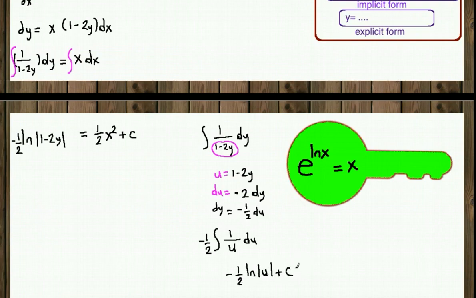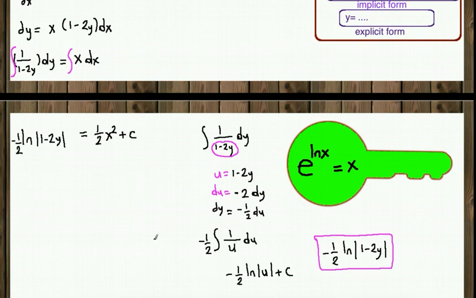We don't need c here because it's on the x term side. So negative 1/2 ln of, we have to bring u back, which is 1 minus 2y. So this is the integral of 1 over (1 minus 2y). My recommendation is to be more fluent with ln, the derivative of ln and antiderivatives involving ln.